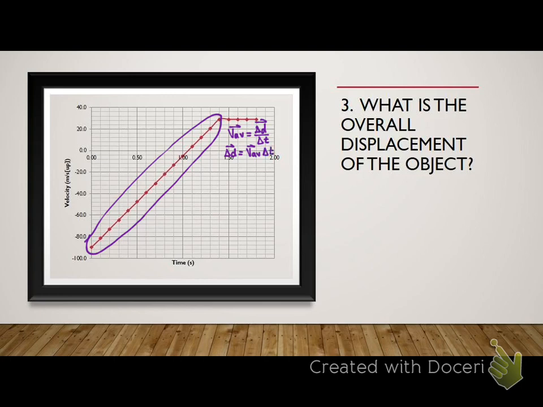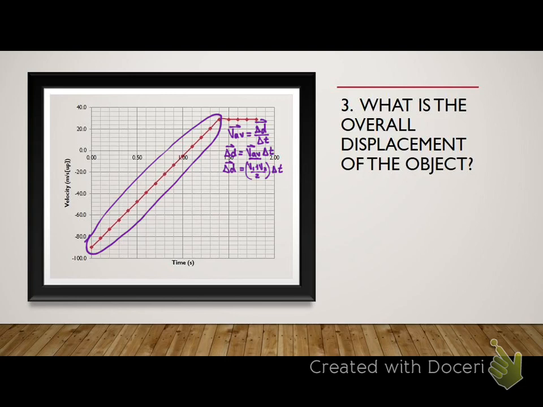Now, I need to expand that because I have a V1 and a V2. So I'm going to take my displacement, and this is really expanded, V1 plus V2 divided by 2, that's average, times time.